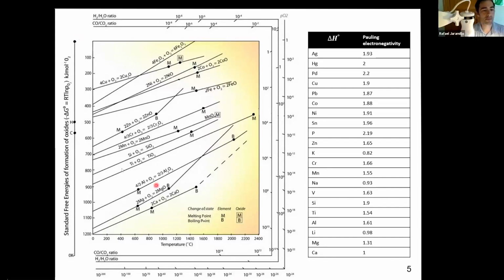Let's see, I've never done this before. Can I draw a line? Oh, there we go, look at that. So this would be a line of 10 to the minus 50 atmospheres of oxygen. So for example, you might say that zinc and its oxide are in equilibrium at 400 degrees C and 10 to the minus 50 atmospheres of oxygen. That would be one way to read this plot.